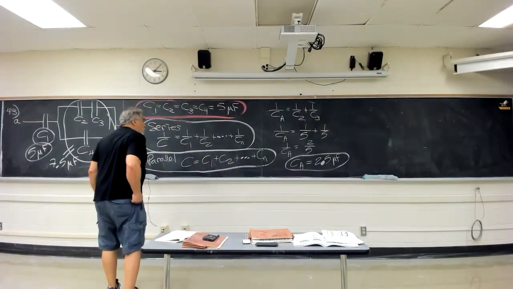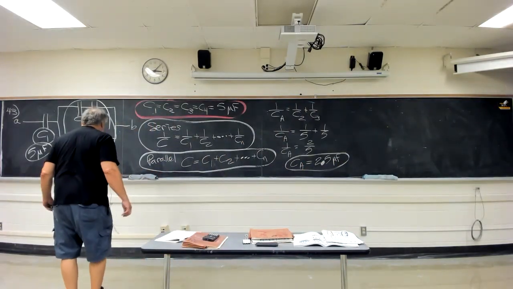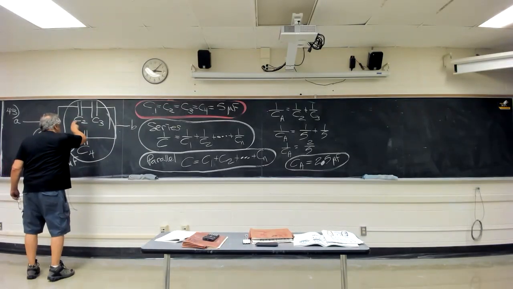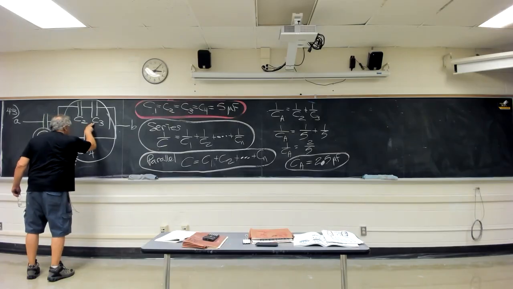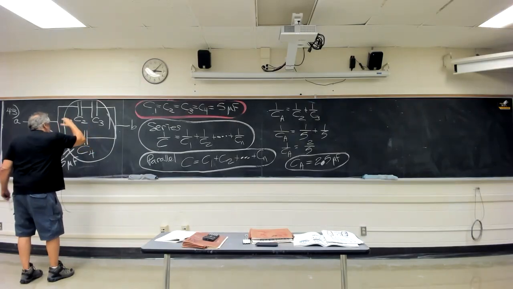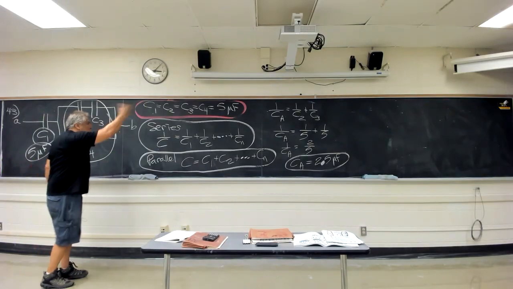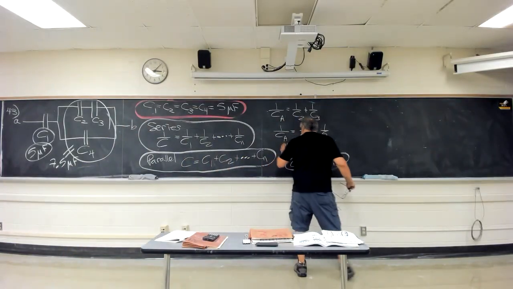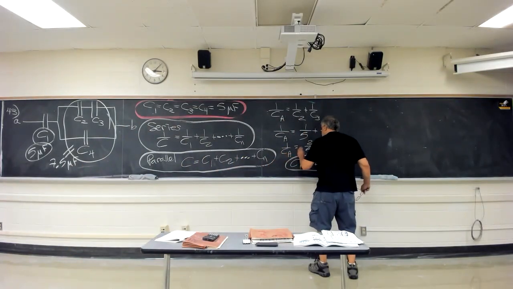When we're doing this whole thing, we're trying to find what's going on here. C2 is 5 microfarads. C3 is 5 microfarads. It's in series, so it's 1 over 5 plus 1 over 5 is 2/5, so 1 over CA equals 2 over 5. Get the reciprocal of both.